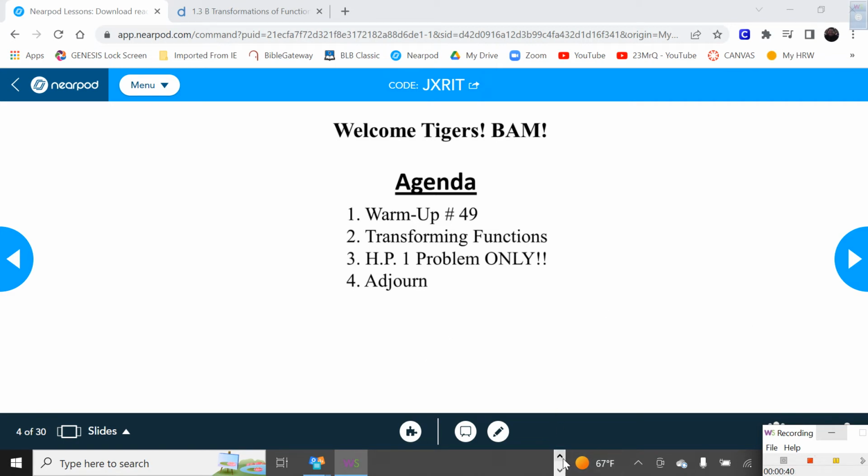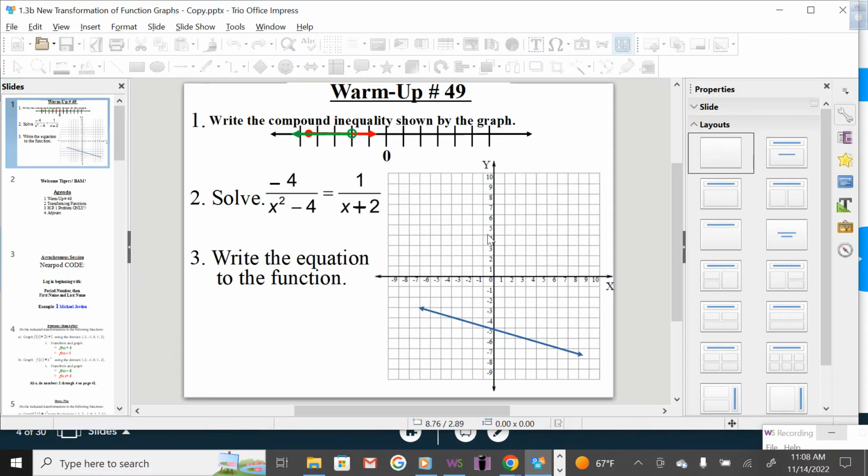So as you're copying that, let me address the warm-up really quick. For number 1, you should have gotten dividing points of negative 4.5 and negative 2. So you should have written the solution set of x such that negative 4.5 less than or equal to x less than negative 2, in close parentheses or bracket.